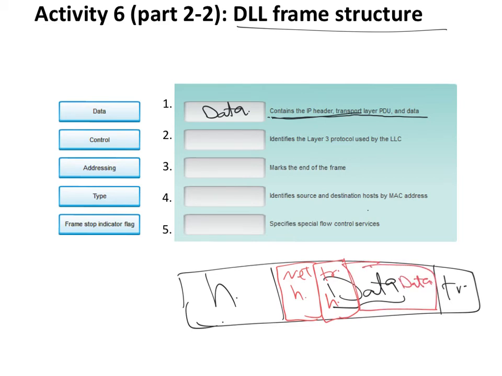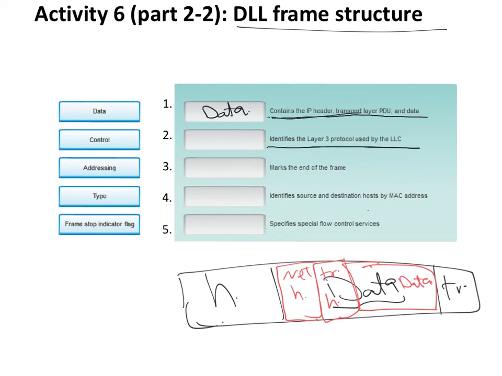As we said, in each layer we have header and data. The data is a generic term. If you go to the upper layer, this data field has to be divided into header and data. Then as you go up, the data part will be divided into header and data, and this is the process of decapsulation.